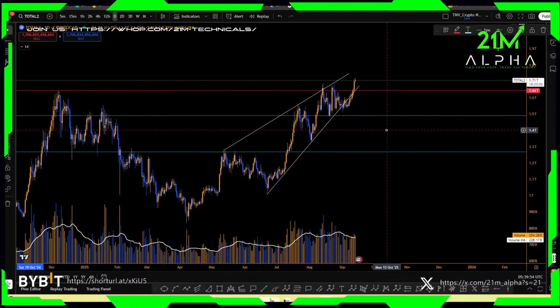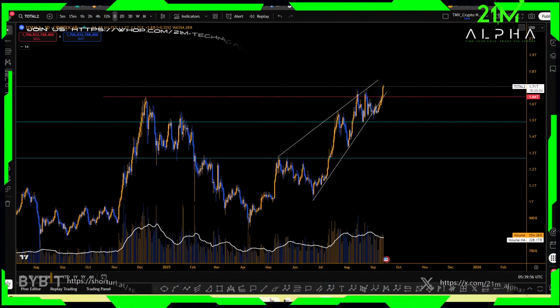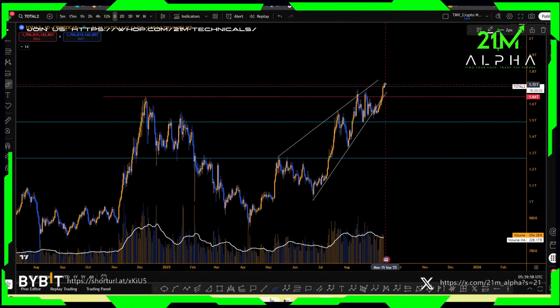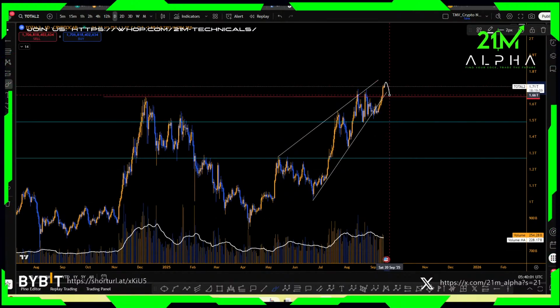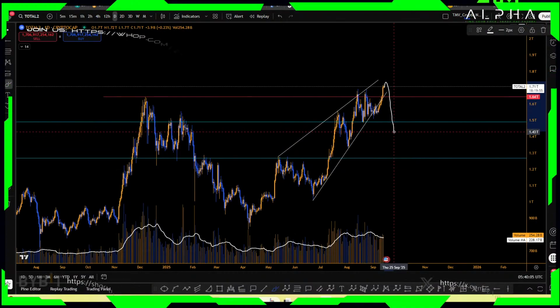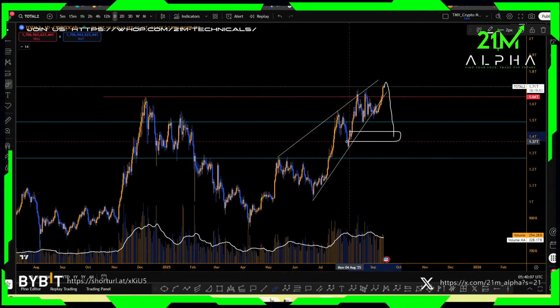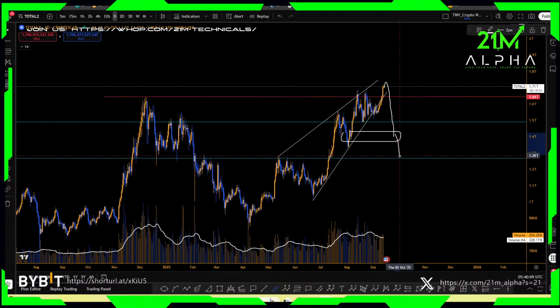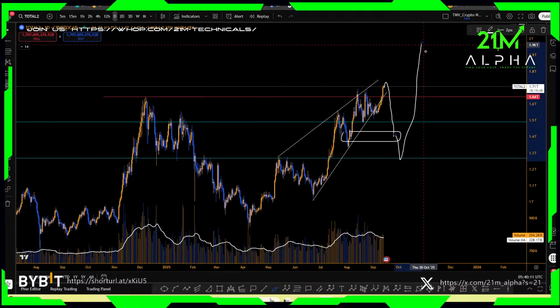But I think Total 2 is at a resistance, so there can be a good swing failure pattern here, and we can just have a retest like this to take this liquidity, go into this order block at this point, maybe even slightly lower, and then we can run up again.